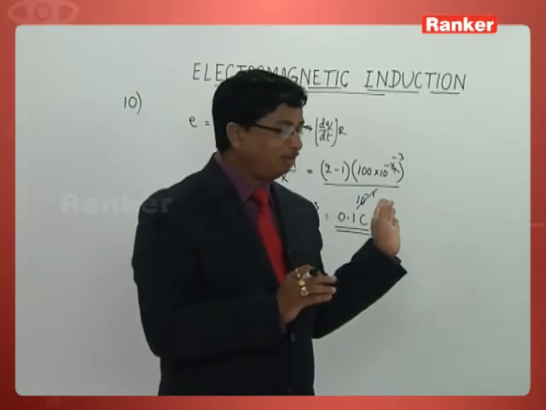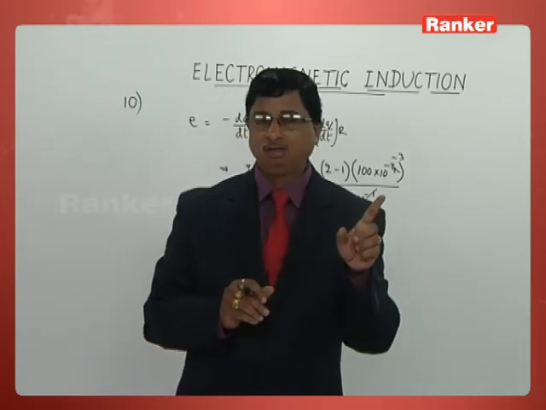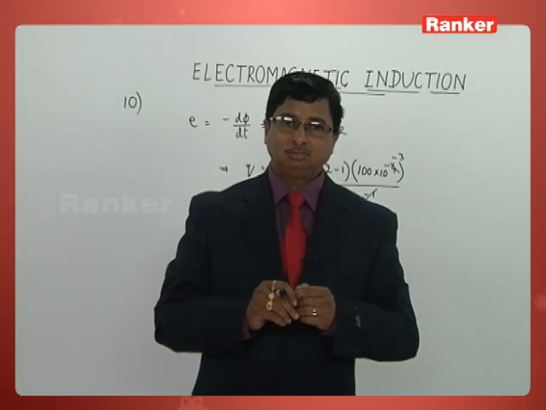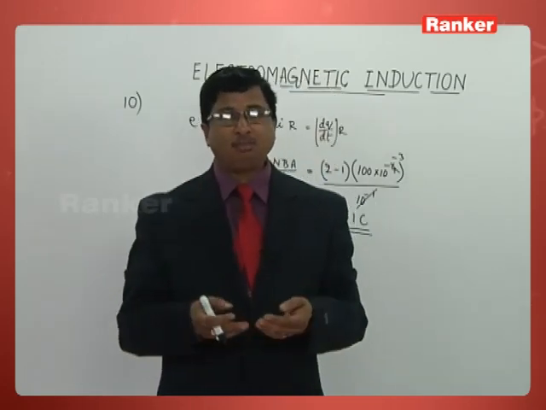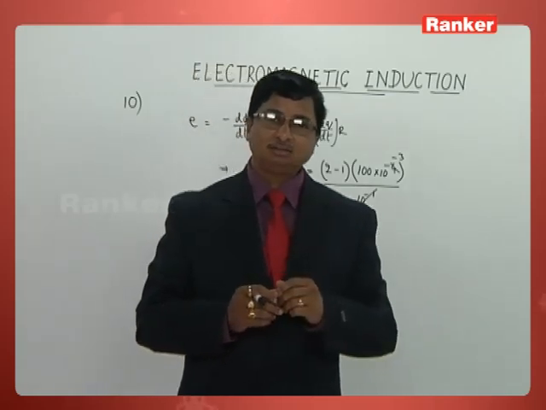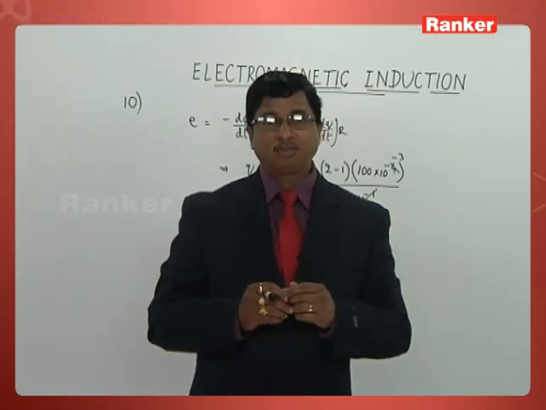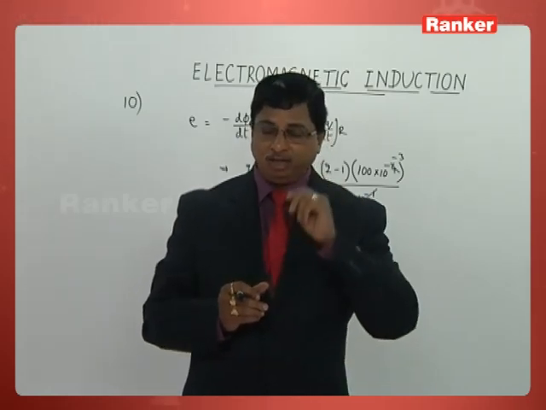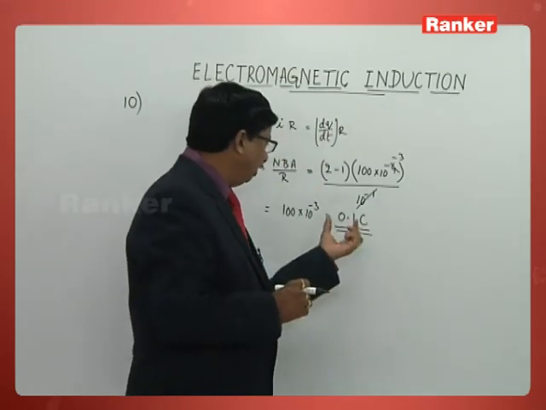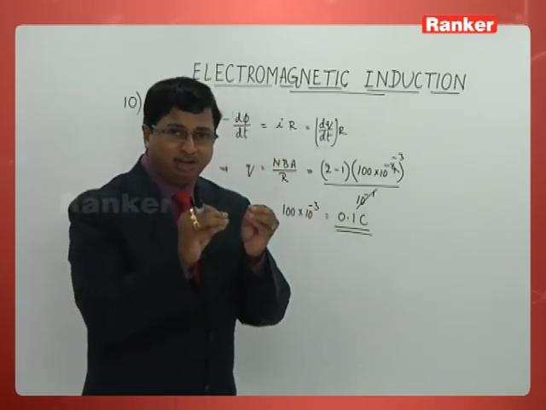Suppose if the charge is very, very high by any chance, no one can wear a necklace. Necklace having so much charge, who will bear that? Not possible at all. Therefore, the point to be noted is, after calculating the value, you should come to a conclusion whether this amount of charge is possible over there or not.